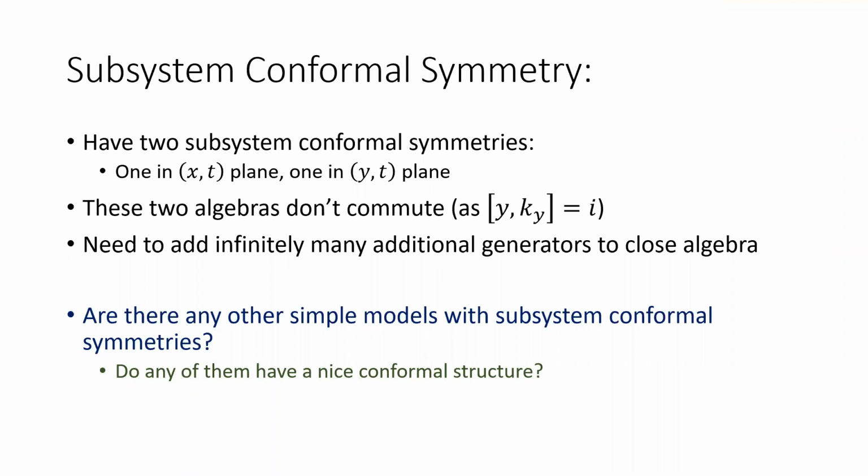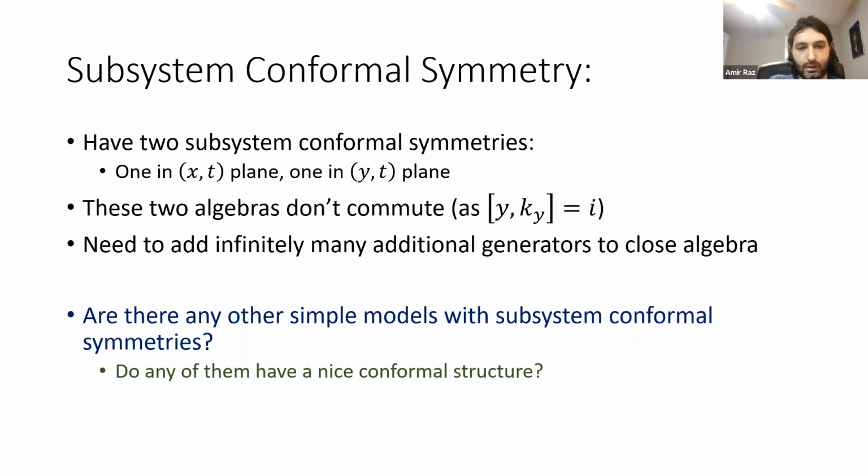Okay, so we wanted to find maybe a few other examples where we can come up with simple models that also have this subsystem conformal symmetry, but maybe have some nicer conformal structure.